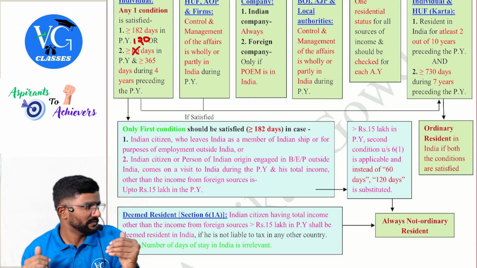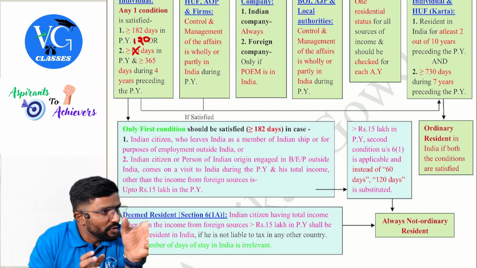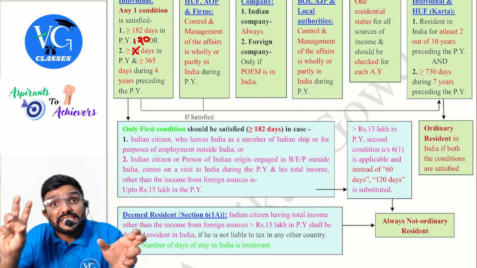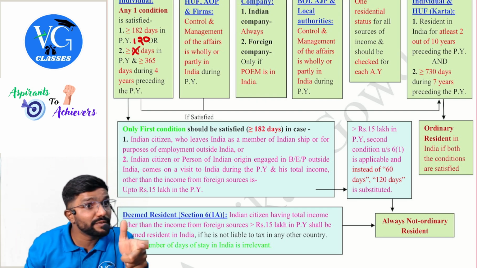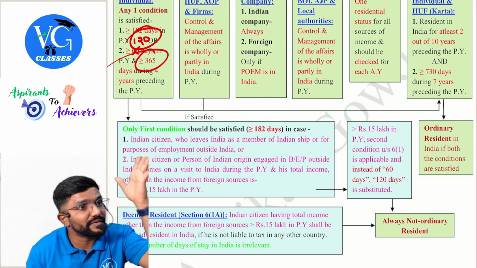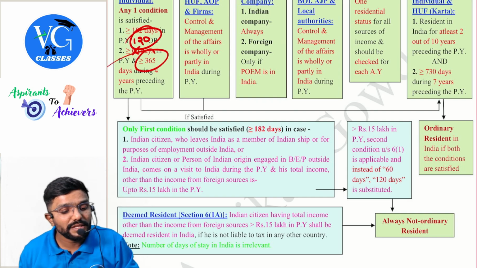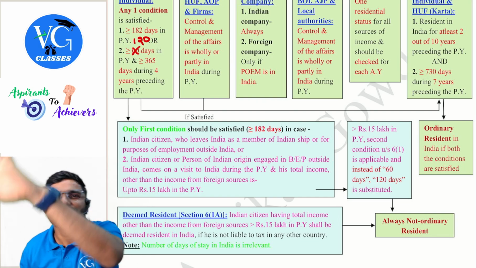Yes, it is alive. But instead of 60 days, 120. So 120 or more during the previous year plus 365 or more during 4 years preceding the previous year. Means cumulative, sir? Yes. Not only 120, it is along with 365, guys. Hope you understood. It is as it is, but instead of 60, just make it 120.